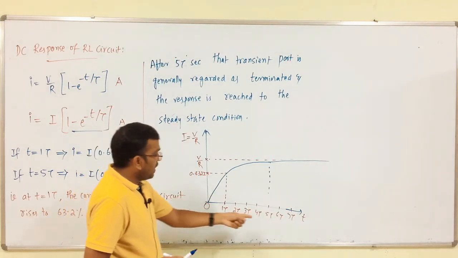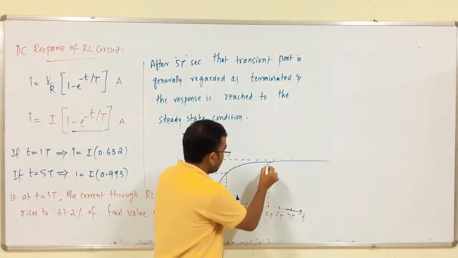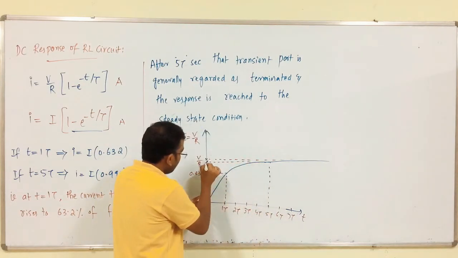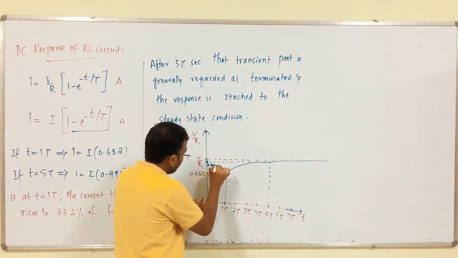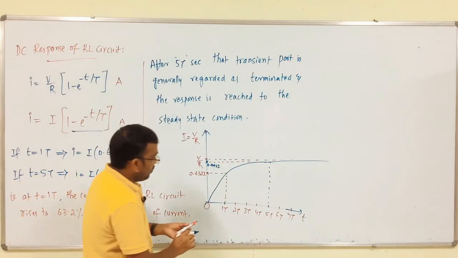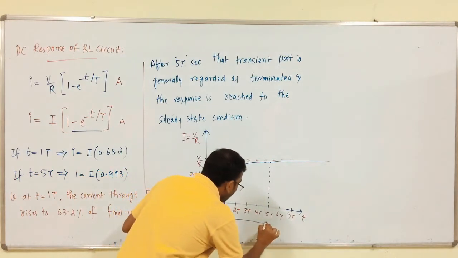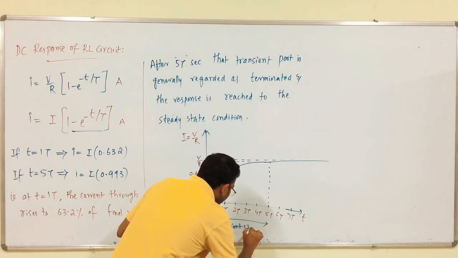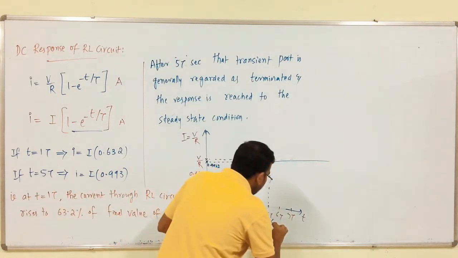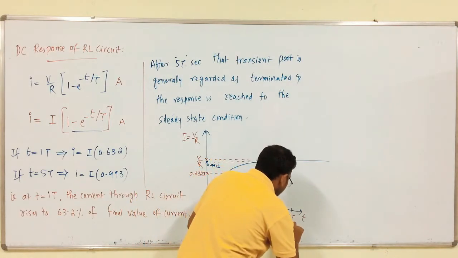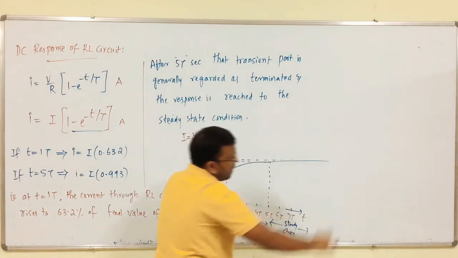But at 5 tau, it is 0.993, that is the meaning. So, from here up to 5 tau, this is the transient state. After 5 tau, the circuit is entering into what? Steady state, that is the meaning. Steady state up to infinite time.